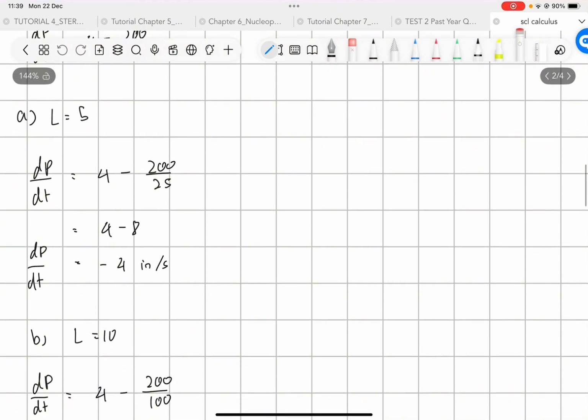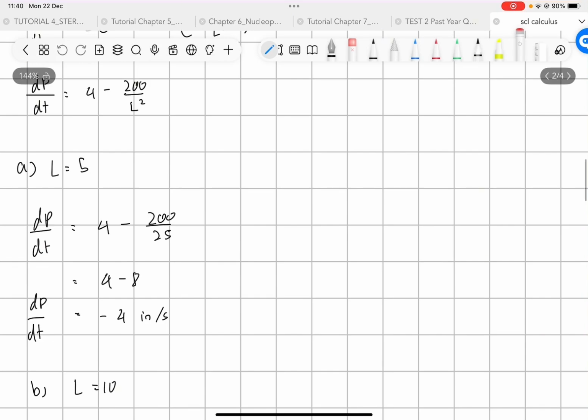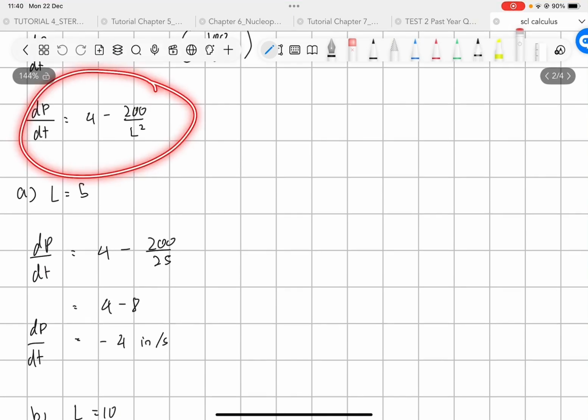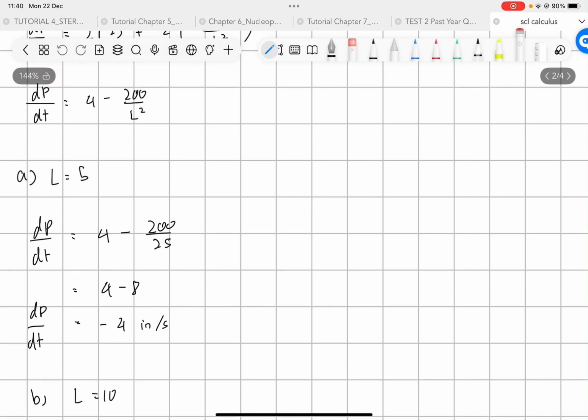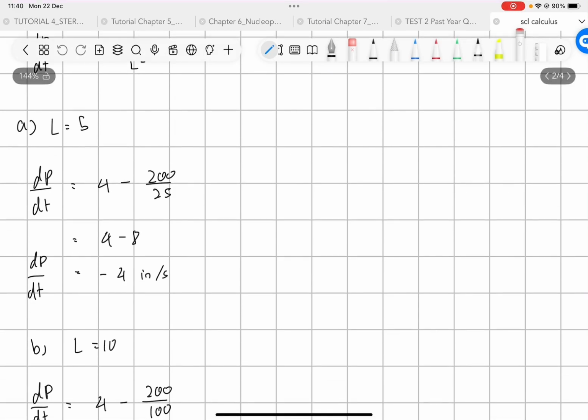So just put the length equal to 5 into our final equation. By dP/dt equals 4 minus 200 over 25, we get that dP/dt is equal to negative 4 inch per second.